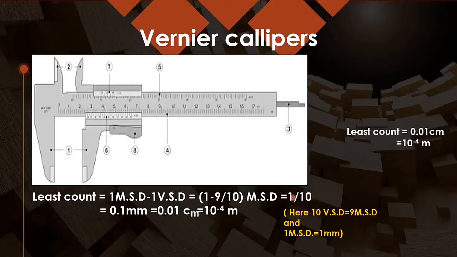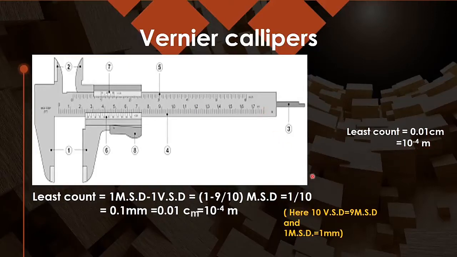You can convert it into centimeter, that is 0.01 centimeter, or you may write 10 raised to the power minus 4 meter if you want to write in SI units. So least count is 0.01 centimeter. Most of the time we write in centimeter because our main scale is in centimeter. But if required, you can always convert it into meter.